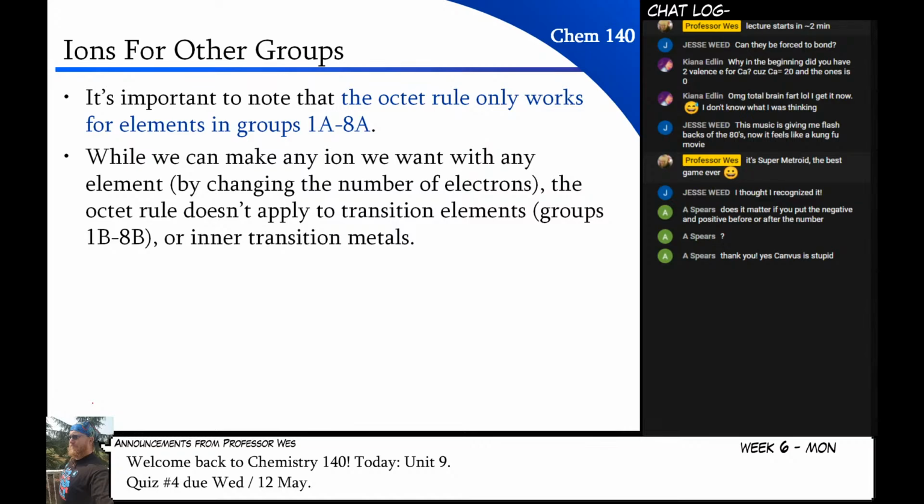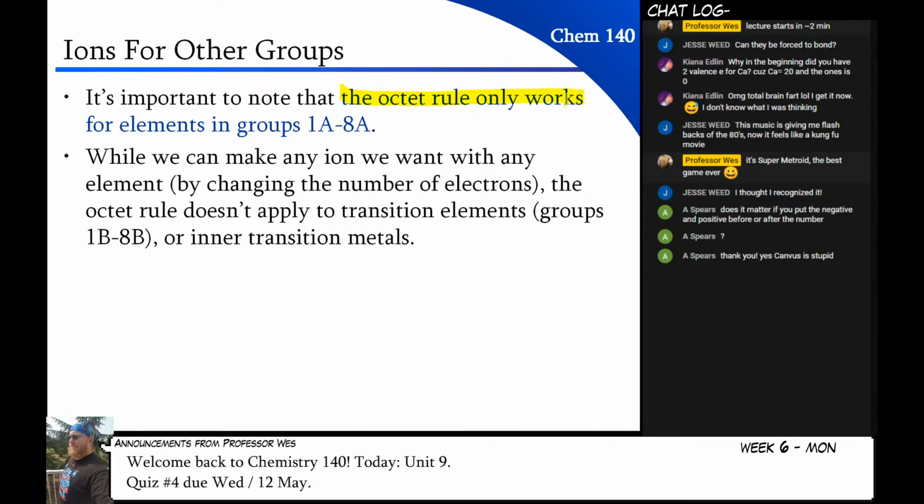So later on, when we start making ions out of things like transition metals and stuff like that, we're not going to know what the charge of the ion should be because it doesn't land on an octet. However, for these elements that do, we can always predict their charge using the Octet Rule.